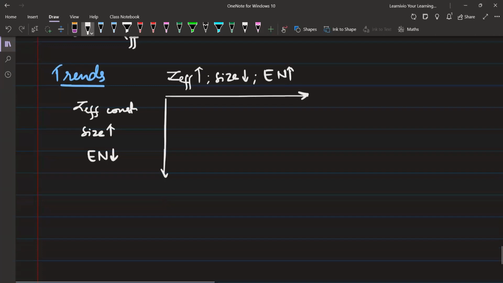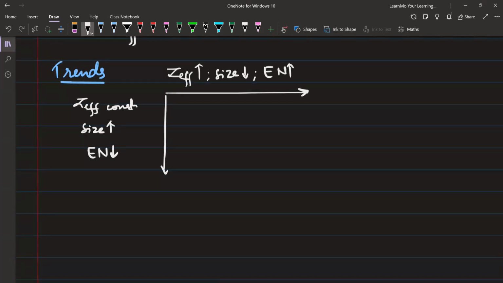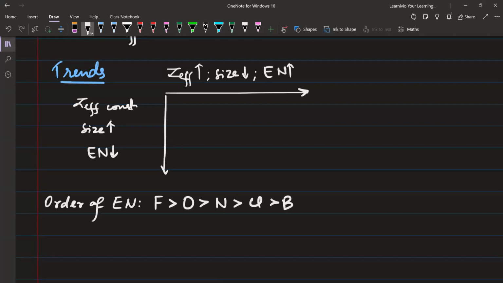But the order of electronegativity should be remembered like this. Fluorine is the maximum electronegative element, then oxygen, then nitrogen and chlorine, then bromine, then iodine, sulfur, carbon, then phosphorus, and then hydrogen.